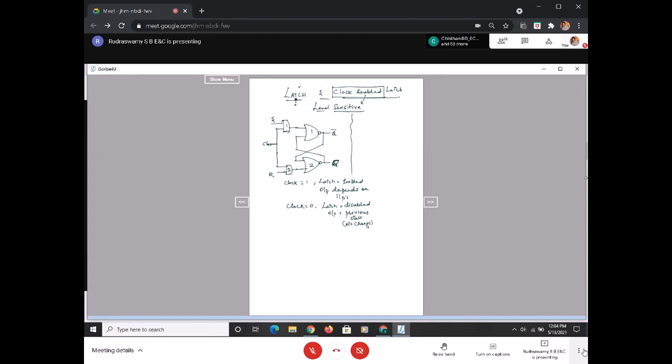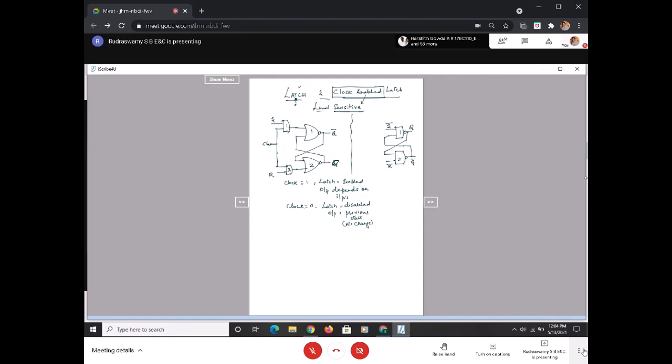Similarly, we have drawn the NAND based clock enabled latch. This is Q, this is Q bar, this is NAND 1, NAND 2, and this was our S bar and this was our R bar.